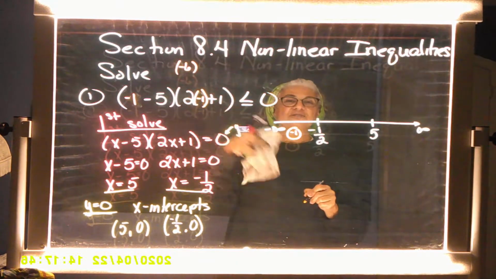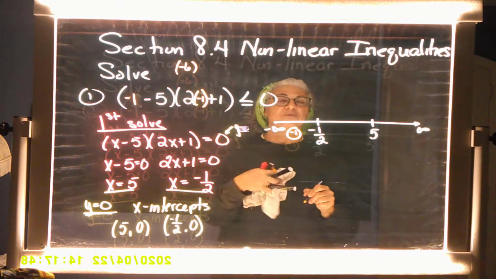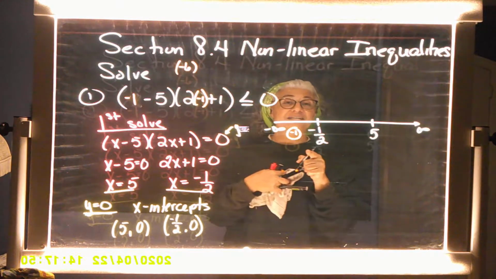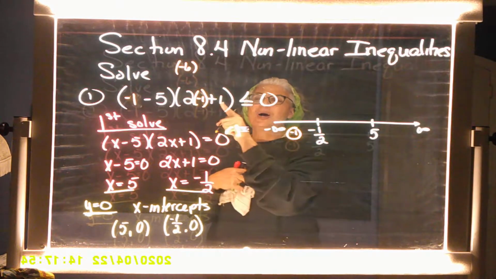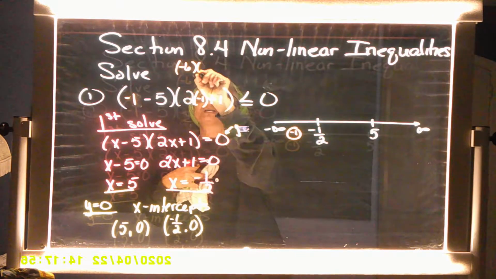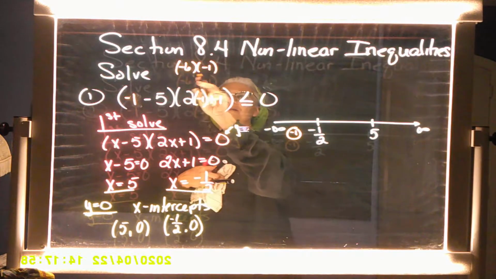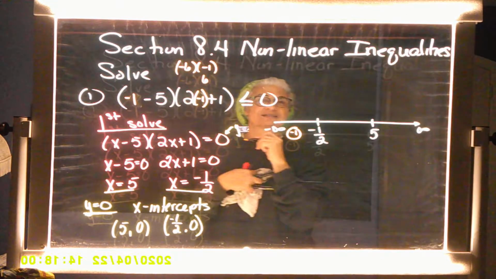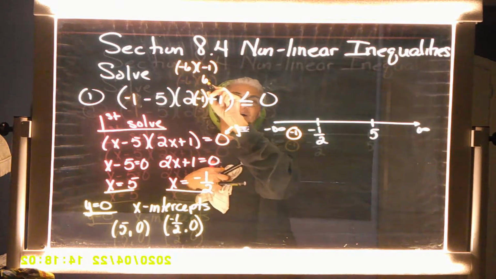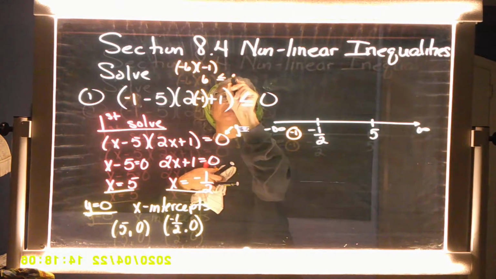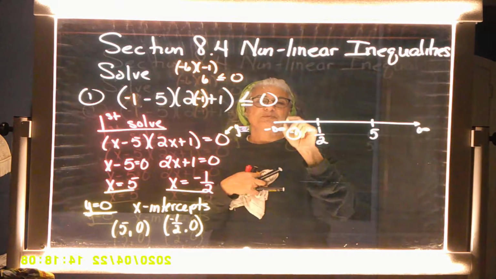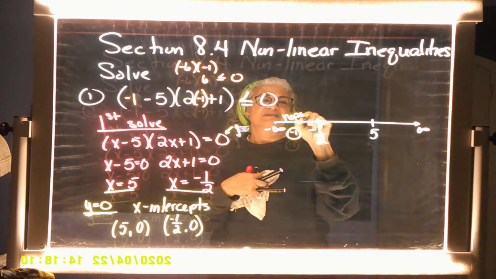And what's 2 times negative 1? Good, that's negative 2, plus 1 gives me negative 1. Well, that multiplies to a positive 6, doesn't it? This is a positive answer, isn't it? Is this less than or equal to 0? Nope. This interval doesn't work for us.